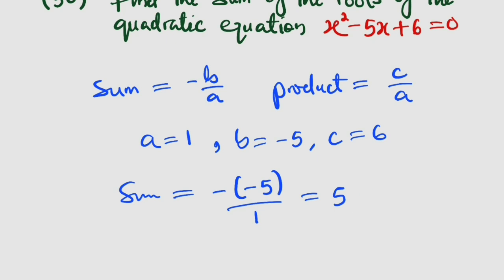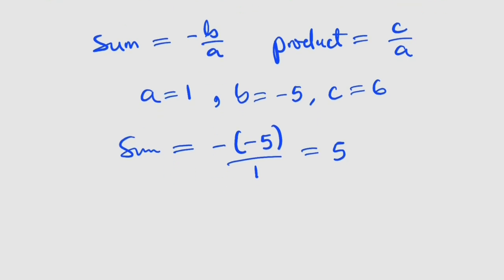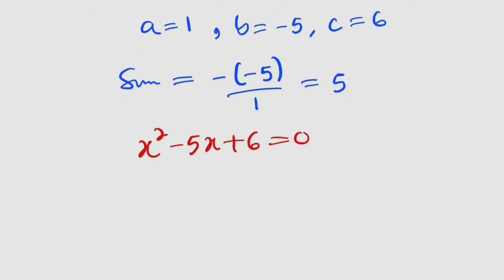But suppose you don't know this method, you can solve the equation, take the two roots, add them together, and you must get 5. So let's do that. The equation is x squared minus 5x plus 6 equal to 0. Let us solve it. Think of two numbers you can multiply together to get 6, but once you add them together, you get negative 5.